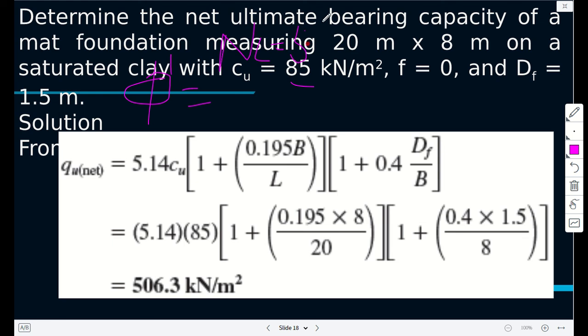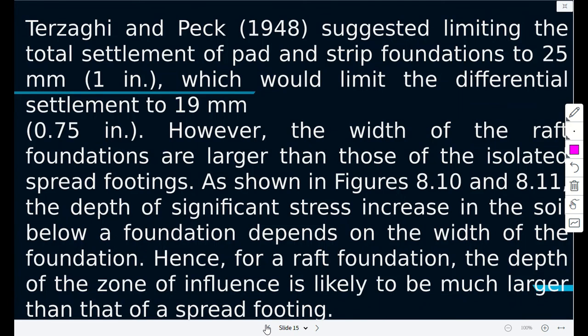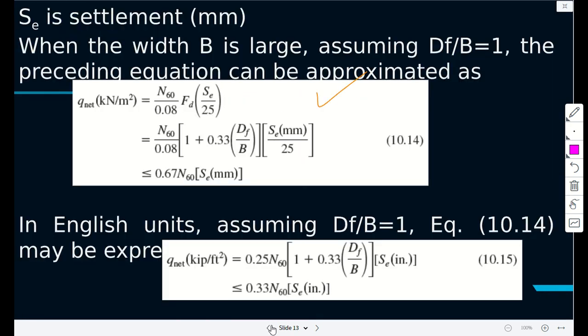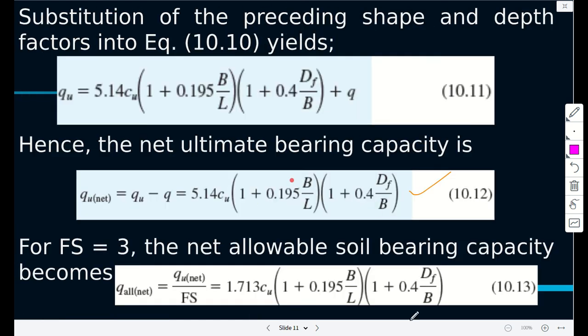We've already talked about this before. Then you have been given Cu. From this, it's just a matter of substitution in this formula.